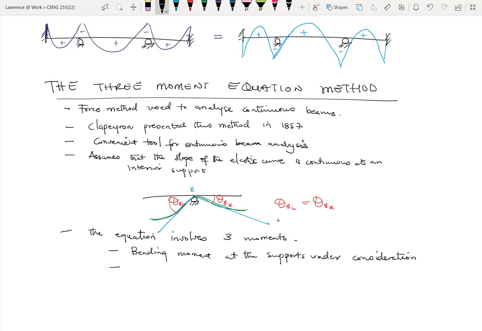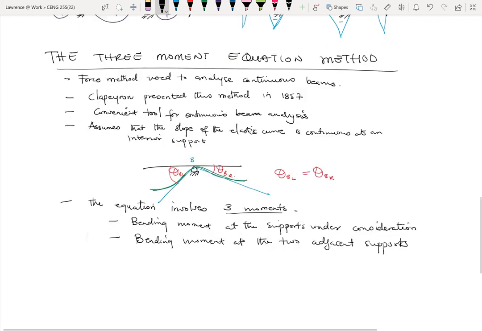One of those moments is the bending moment at the support under consideration. Then the other moments would be the bending moments at the two adjacent supports. Okay, so I'll explain this and we can bring the class to a close.